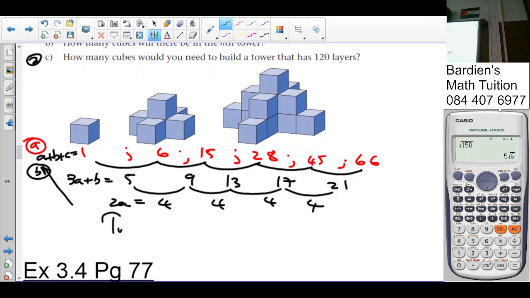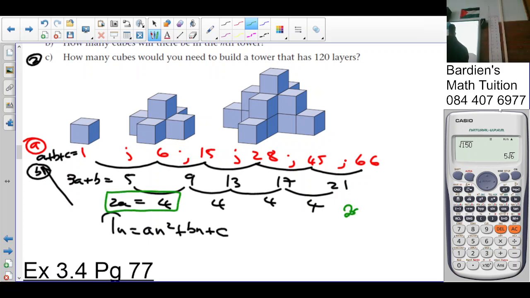So it's in the form Tn is equal to an squared plus bn plus c. What do I write on the side? 2a is equal to 4, so a is equal to 2. 3a plus b is equal to 5, so 3 times 2 plus b is equal to 5.